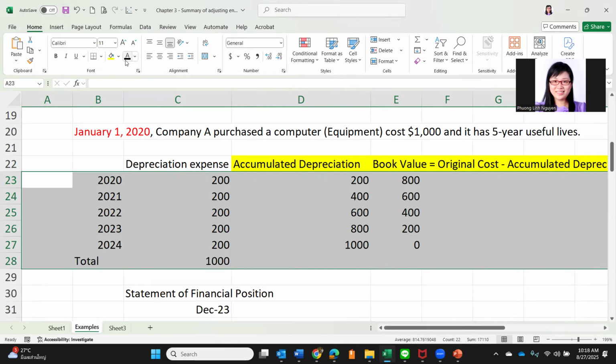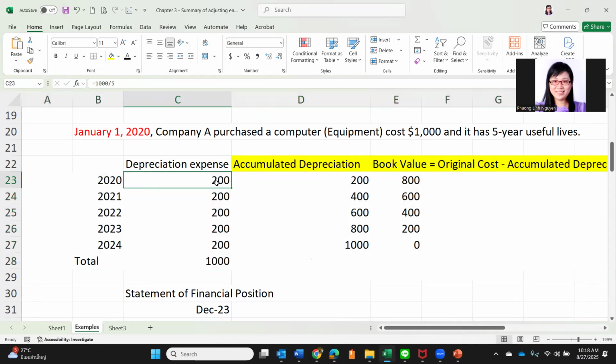So the first year, your equipment will depreciate by 200. Now, how did I find 200? It's because 1,000 divided by 5 years. So the first year is going to be depreciated by 200. Depreciation expense is 200.